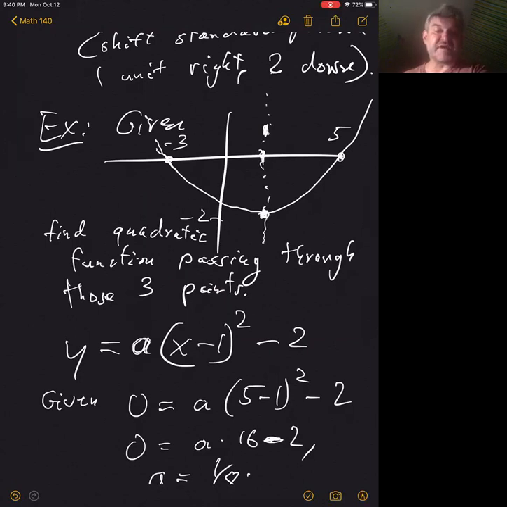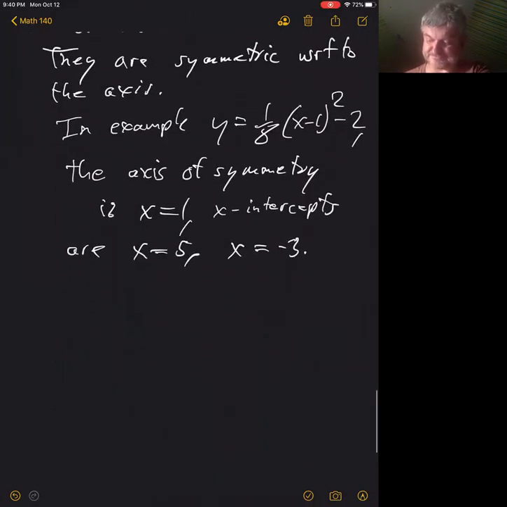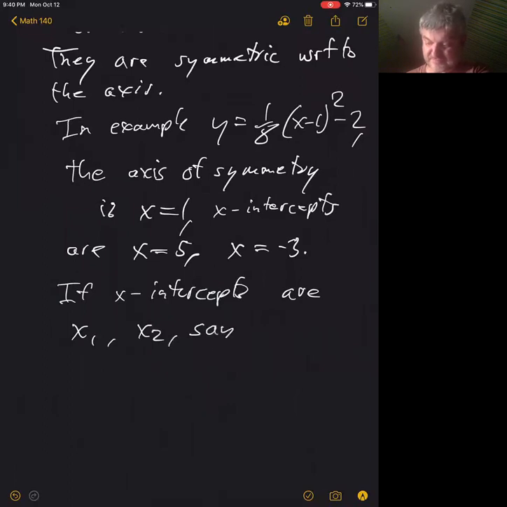And that allows me another way to find this axis of symmetry. If x-intercepts are x1 and x2, say, how do we find the point right in the middle?